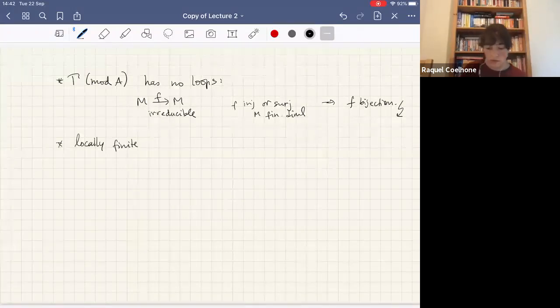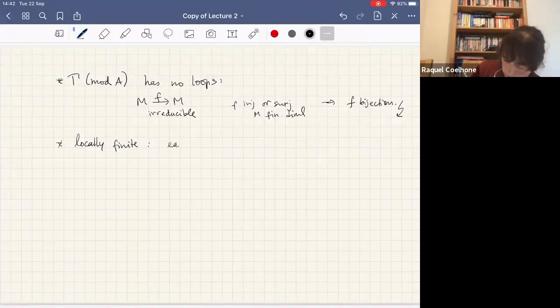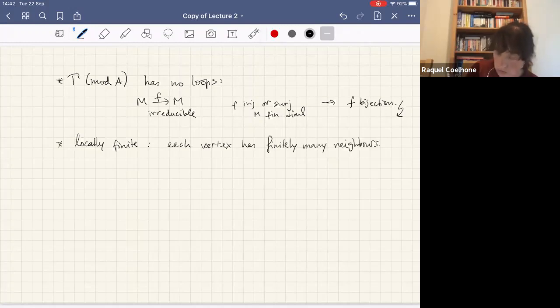So this means that each vertex has finitely many neighbors, so vertices for which there are arrows pointing to it or starting at it. Why is this?